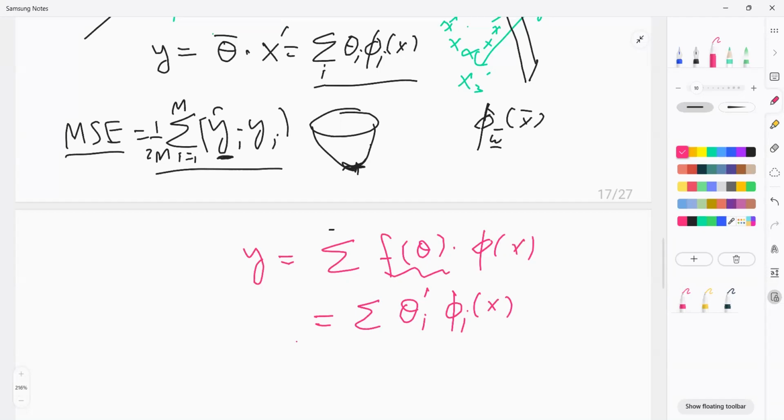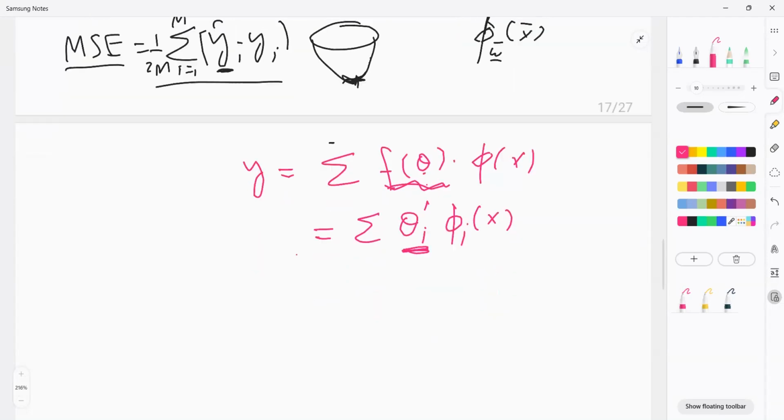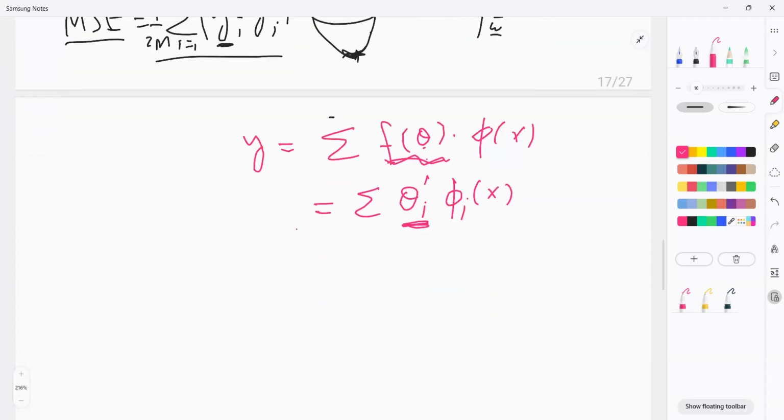Instead of learning theta, we are just learning theta prime directly, and at the end we can just use this theta prime in the model. So this transformation is sort of a trivial thing. Whether you write it like this or like this, it's still a linear model, and it's linear in the parameters. So the linearity is with respect to the parameters.